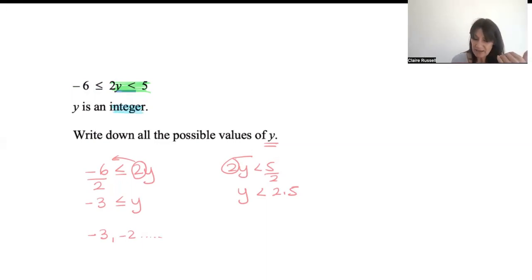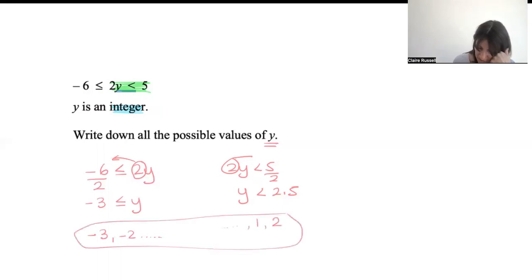And y is less than 2.5. It's got to be a whole number, so that's 2 or anything less. So here, my y is going to be 2 or 1 or down and down it goes. And then these two kind of meet, and I can make my list. I've got -3, -2, -1, 0, 1, and 2.